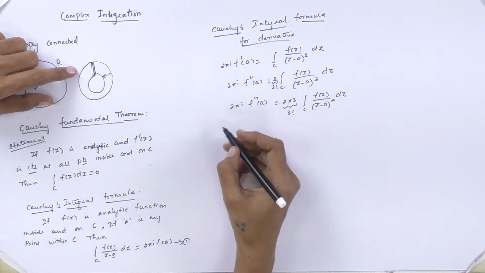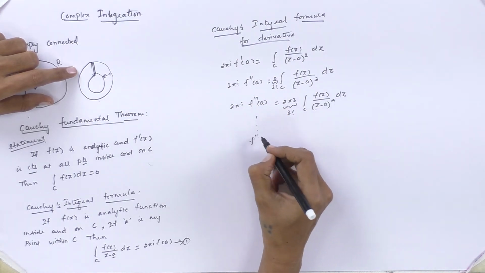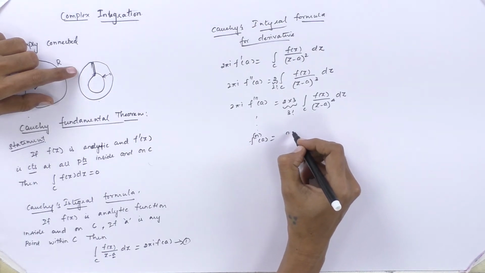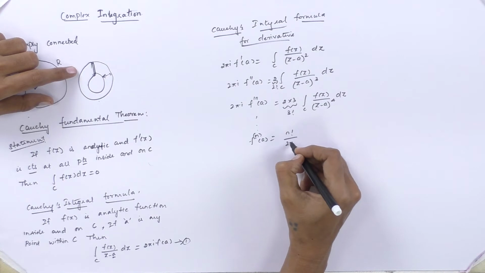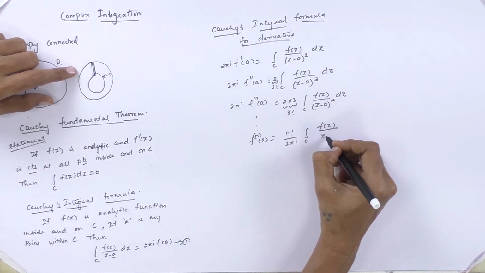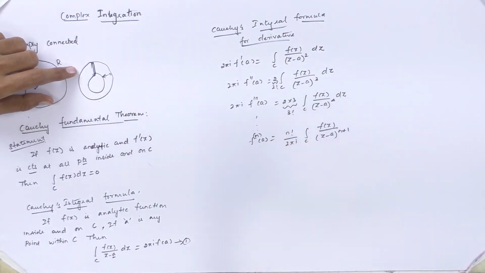Taking this value to the left hand side, by generalizing this, the nth derivative of the given function is nothing but n factorial divided by 2 pi i into integration over C f of z divided by z minus a raised to the power n plus 1.